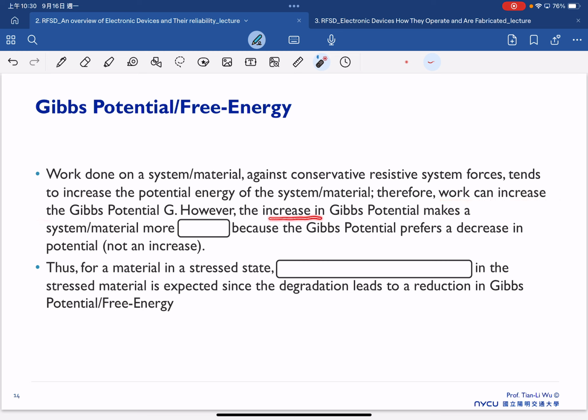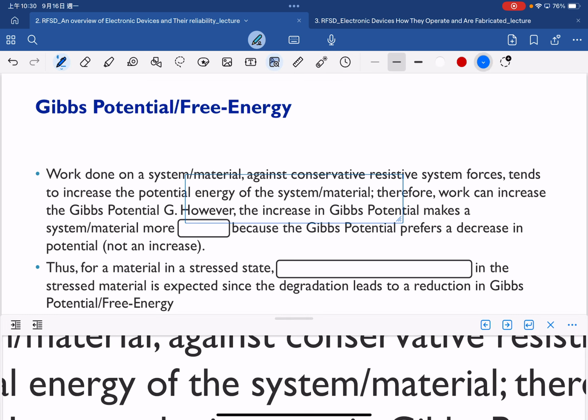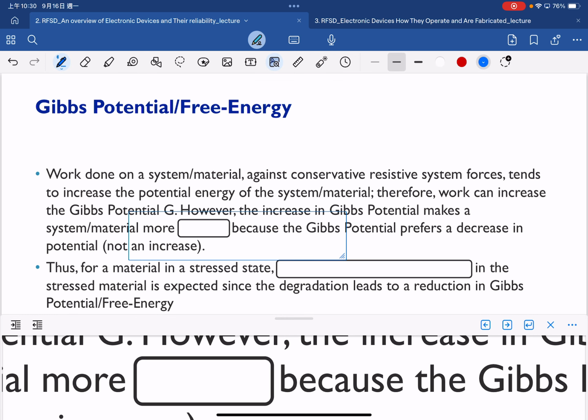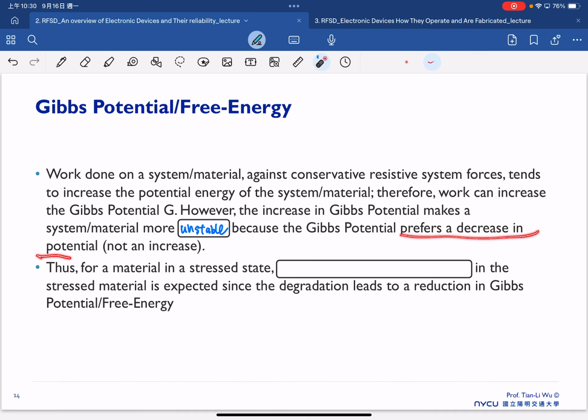However, the increase of Gibbs potential makes the system material more unstable, because the Gibbs potential prefers to decrease. So that means the increase makes the system more unstable here.